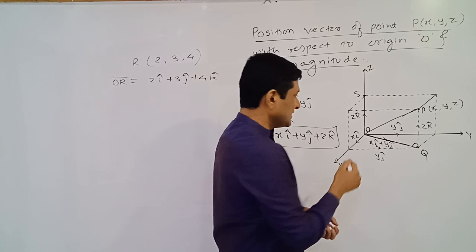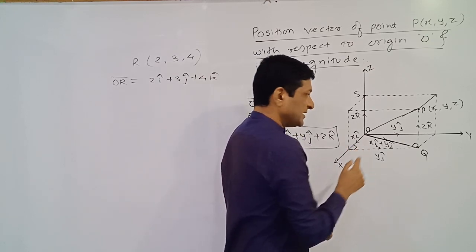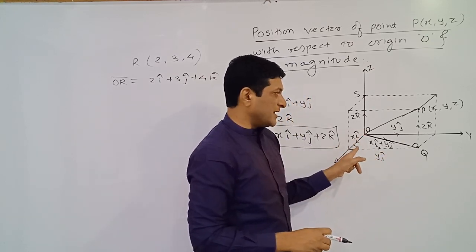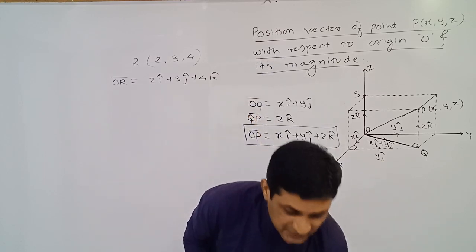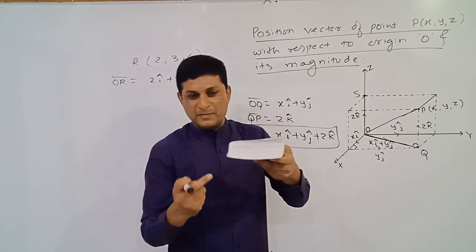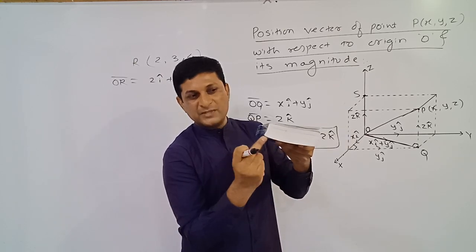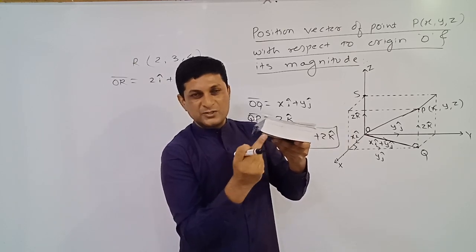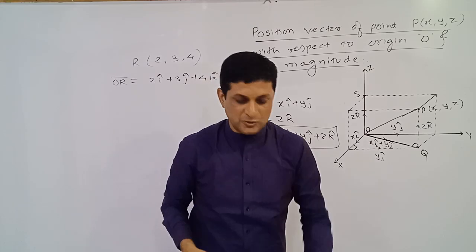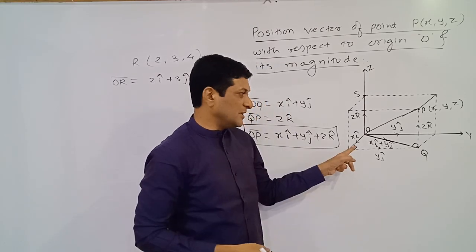So this angle is also 90 degrees. It doesn't look like it here, it looks acute, but we know that this will be the base of a parallelepiped. And what is the angle between this edge and this edge? 90 degrees. So all the edges are perpendicular to each other. So that's why this angle will be equal to 90 degrees.